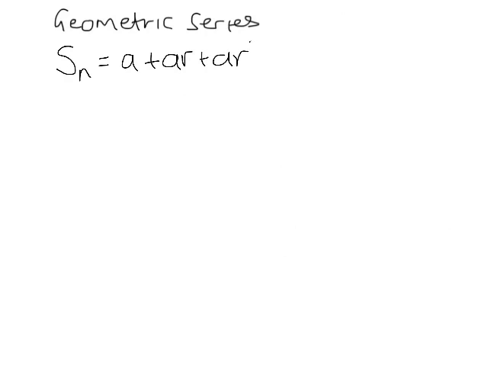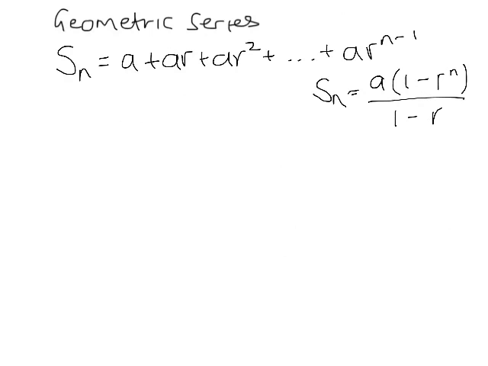Sorry, the third term should be AR squared, plus all the other terms all the way up to the nth term, which as we saw is A times R to the power n minus 1. And there's actually a formula for this sum, which we're going to prove. This formula is that the sum of the first n terms is A times 1 minus R to the n, over 1 minus R.